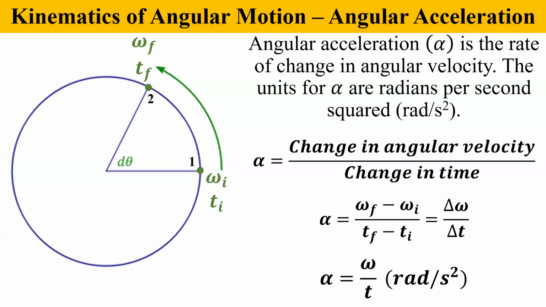So your alpha, your angular acceleration, is equal to omega upon t, radians per second squared. So you have your initial velocity and your final velocity. You can look at this circle around here. You have initial versus final, right? So let's go again.